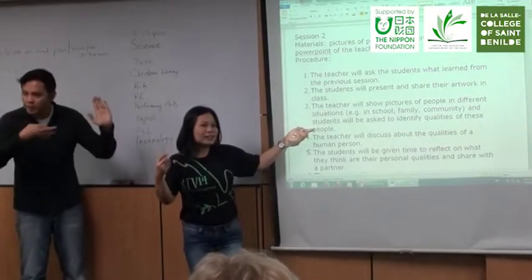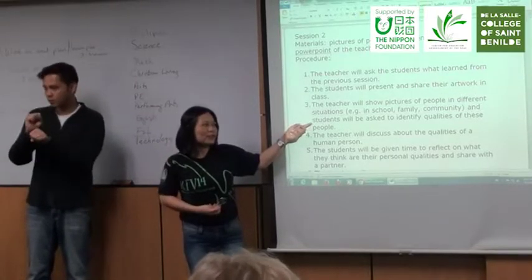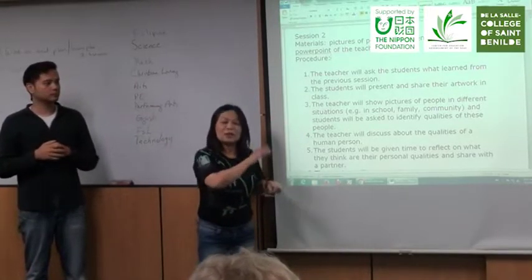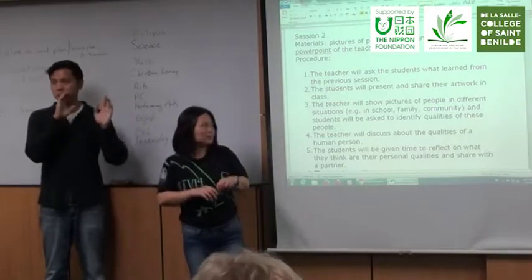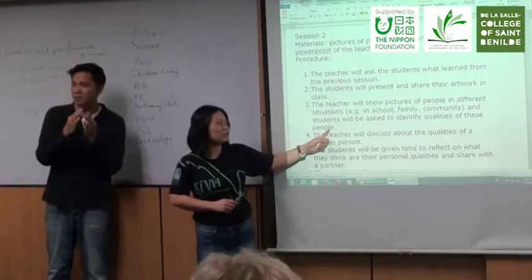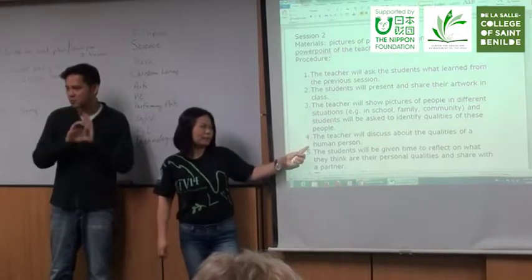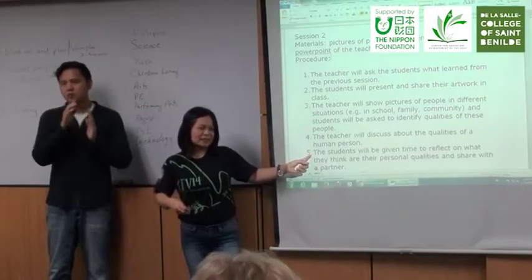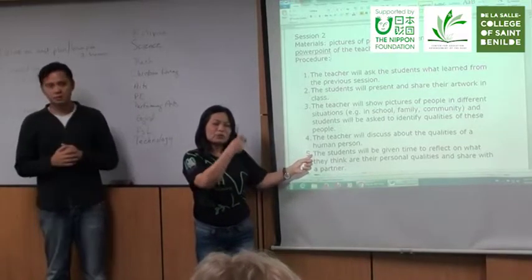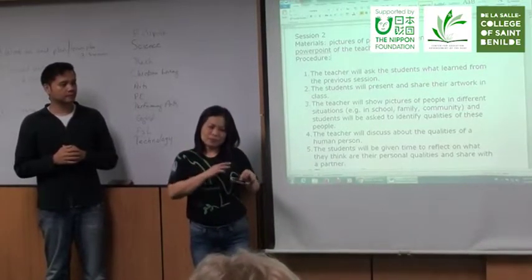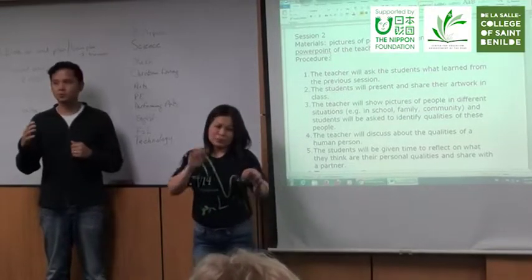After that, the teacher will show pictures of different situations, for example in the family or the classroom. The students will be asked to identify the qualities of people in these situations. Then the teacher will discuss the qualities so that the teacher can explain well to the students about the different qualities of a person.